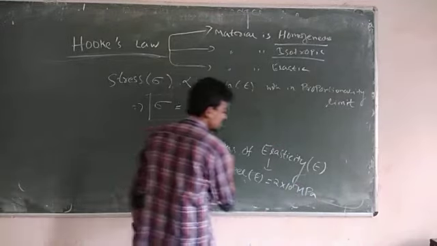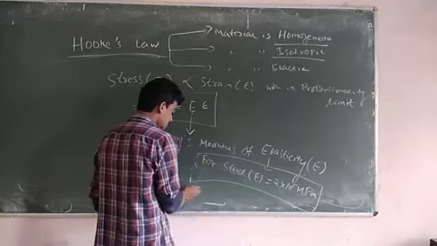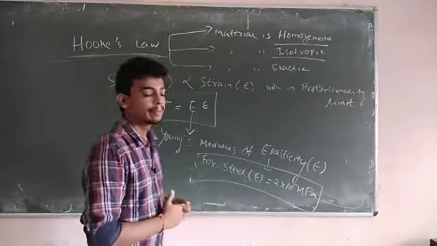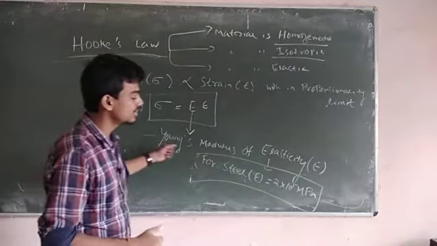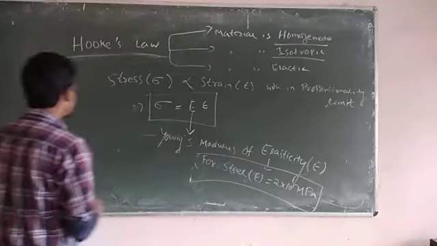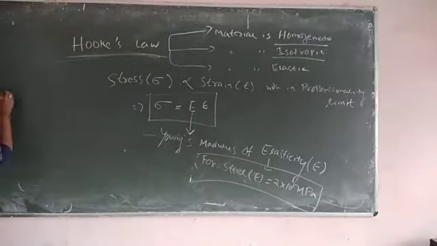Remember this value, this will be most useful for solving the problems. 2 into 10 to the 5 megapascal, that is the Young's modulus of elasticity value for steel. So I can define the Young's modulus of elasticity also.